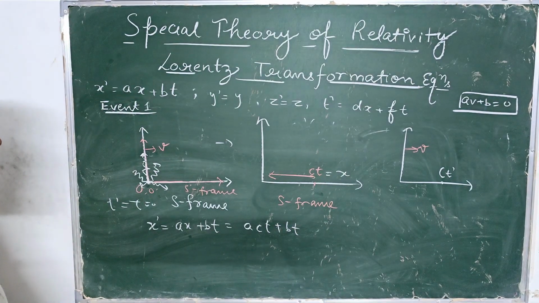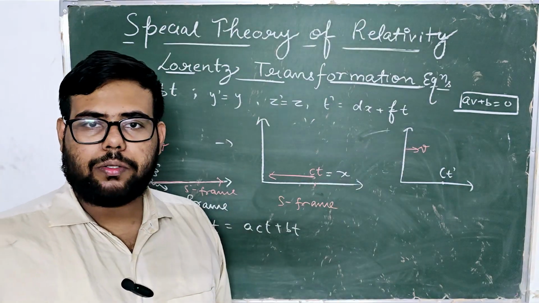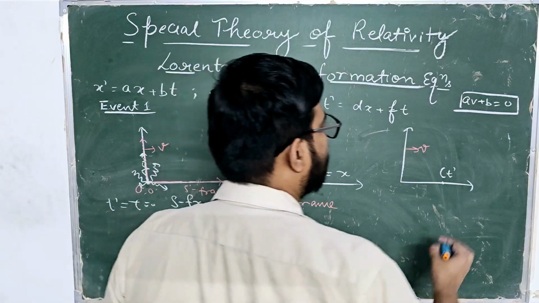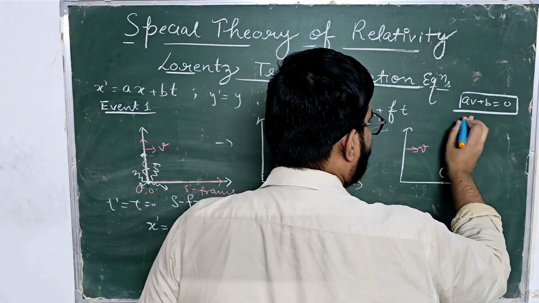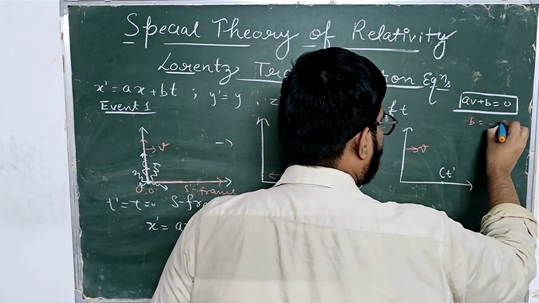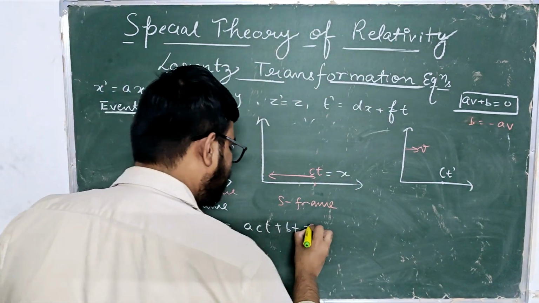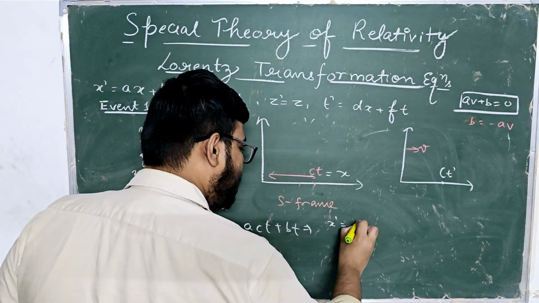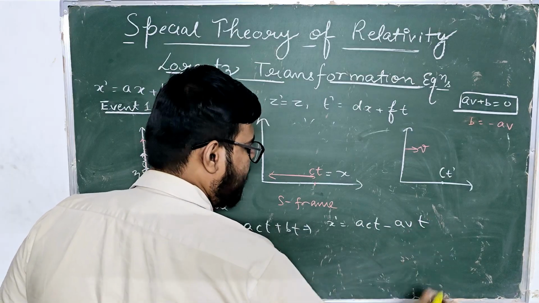Okay. Now we know the relation that av plus b is equal to 0. So from here we can say that b is equal to negative av. Now just substitute this value. Let's see what we get. When you substitute this value, you get x prime is equal to act minus avt, correct?